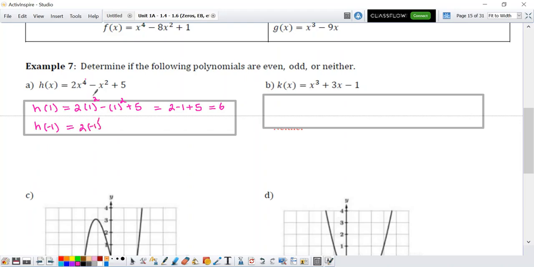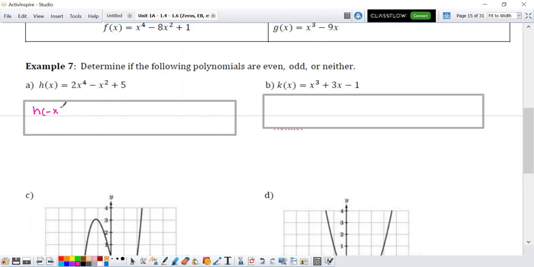2 times negative 1 to the fourth power, minus negative 1 to the second power, plus 5. So that will give you the same result, because the second power and fourth power make it positive, and you get the same y value for the negative x. So that's why this is an even function. Sometimes we use the generic value of h of x, so I'm going to show you another way to do this also.